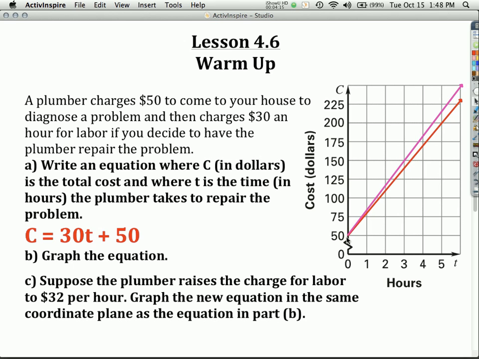It has the same exact y-intercept because the new equation is C equals 32t plus 50. So the only difference is that the slope is different. The purplish pink line is a steeper line than the red line because the slope is greater.